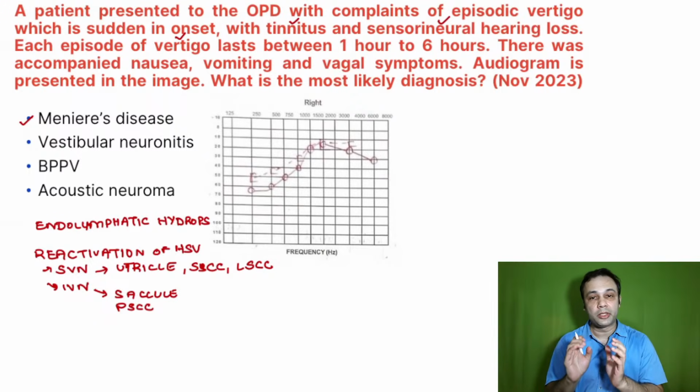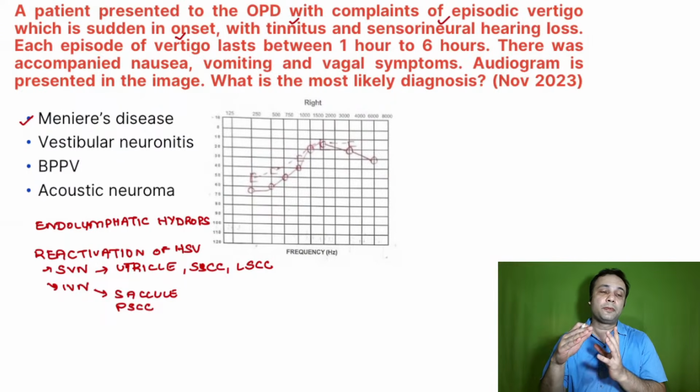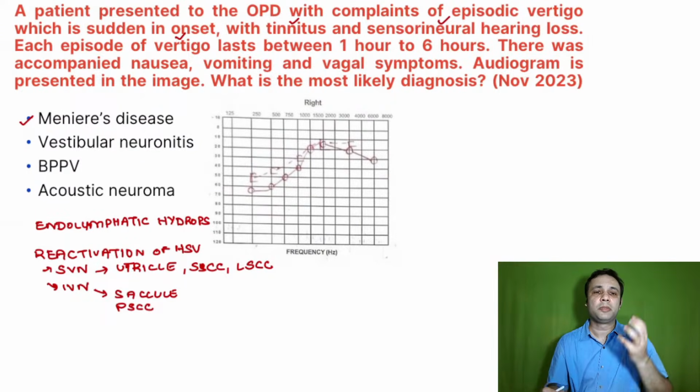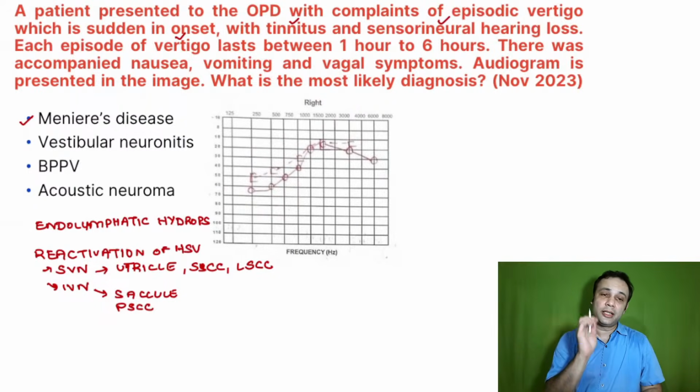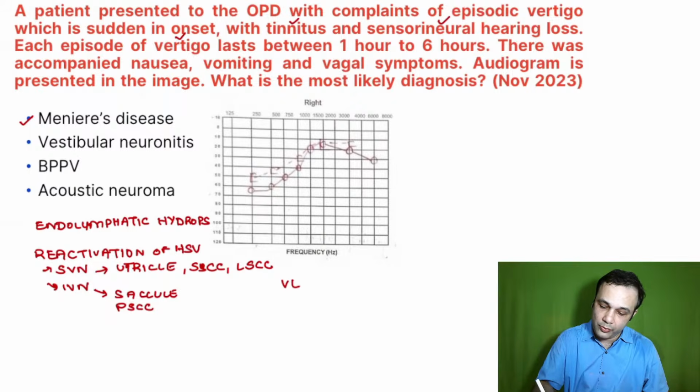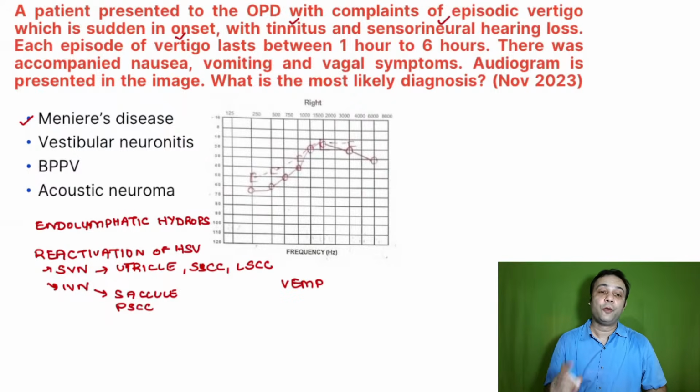Although the superior vestibular nerve and inferior vestibular nerve may be involved, by investigating these particular areas, for example, in disorders involving the utricle alone, or disorders involving the saccule alone, there is an investigation which is called VEMP, which is vestibular evoked myogenic potential.